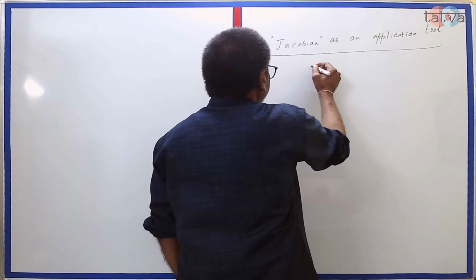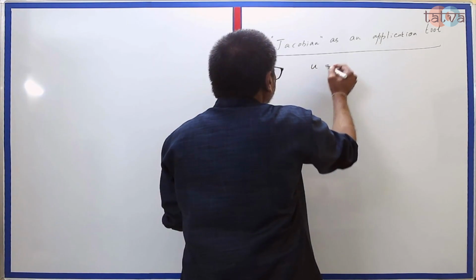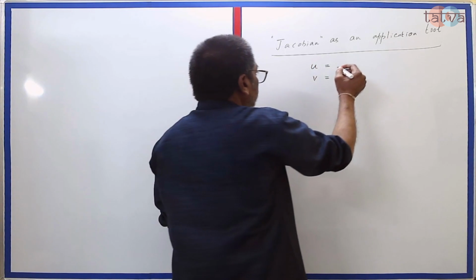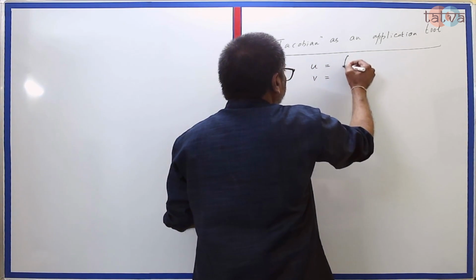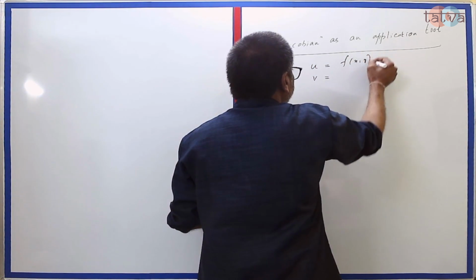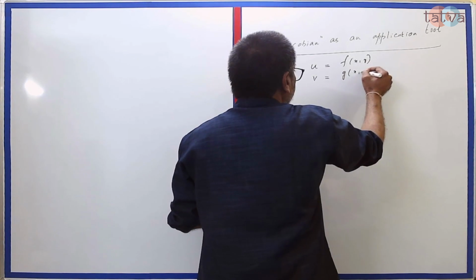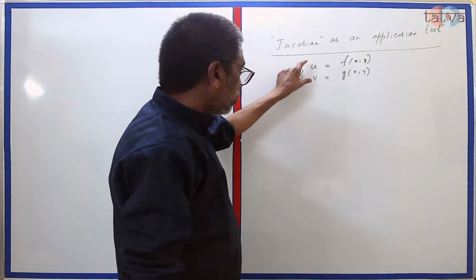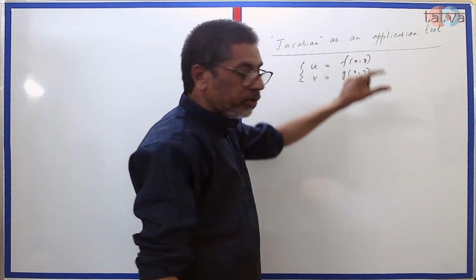if you have a transformation, let us say, that connects two variables u, v to two other variables x and y. So the variables u and v are connected to two other variables x and y.